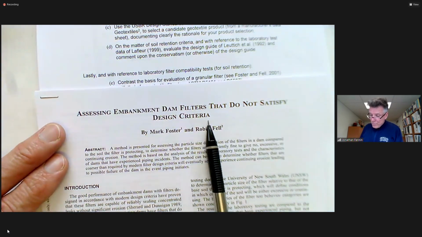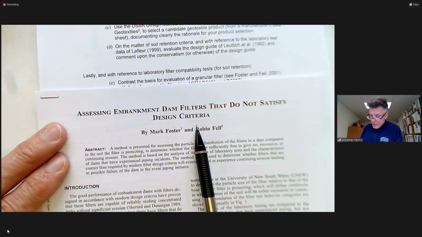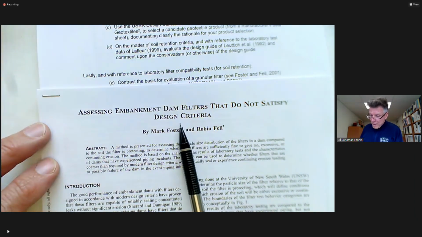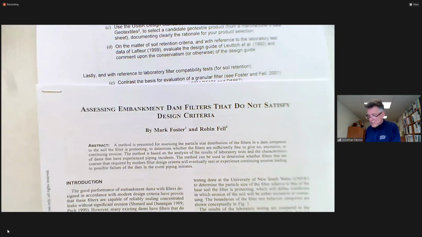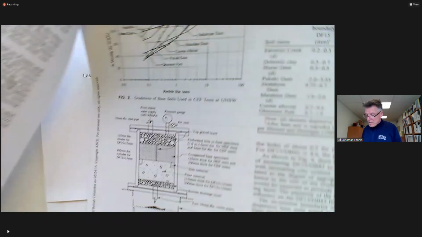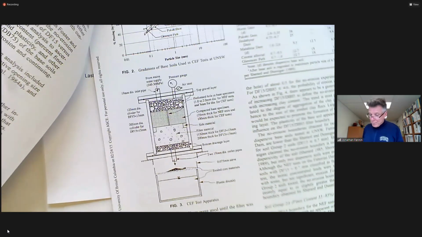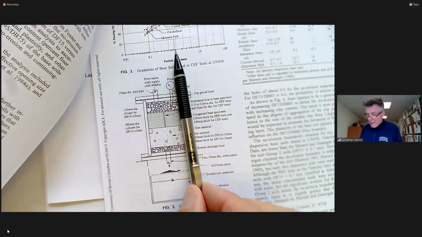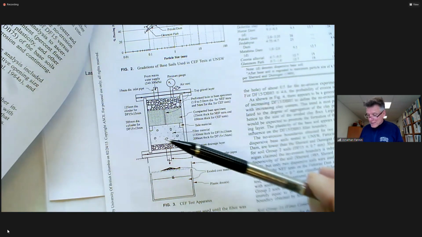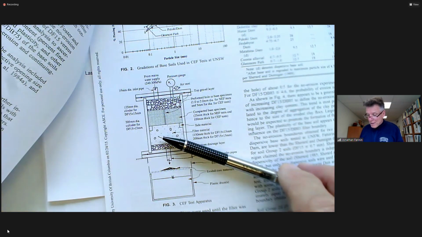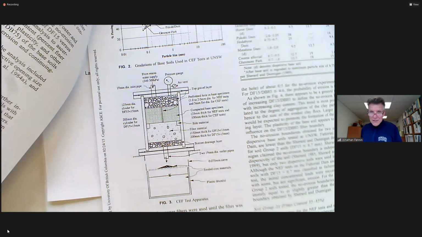You'd probably go back to Foster and Fell's 2001 document, ASCE, assessing filters that don't satisfy design criteria. And if we go in here, we discover, wow, look at that. We're going to have a rigid wall permeameter, and we're going to be putting the soil against the filter. In this case, it's a granular filter. And we're going to check, is it compatible or not?